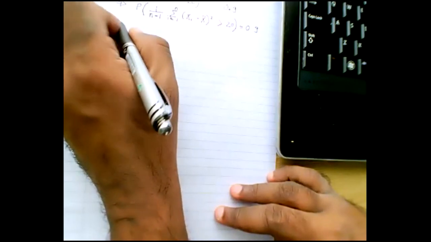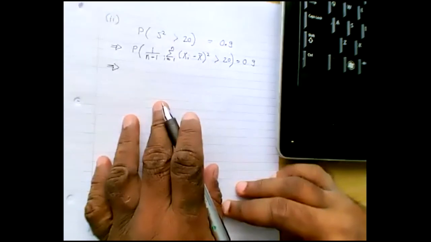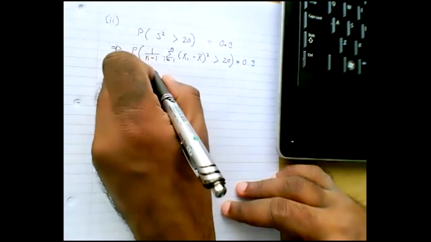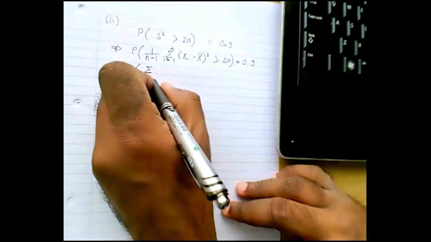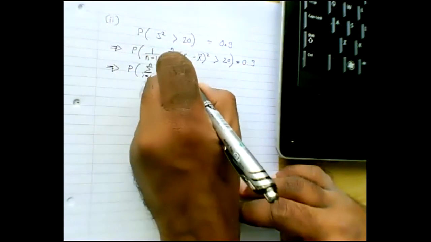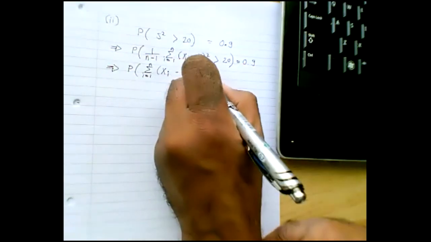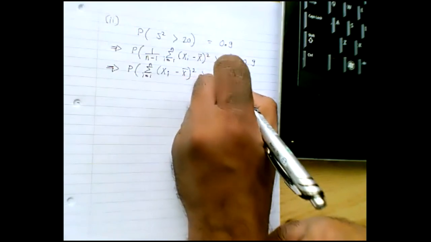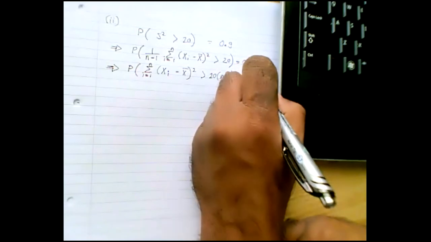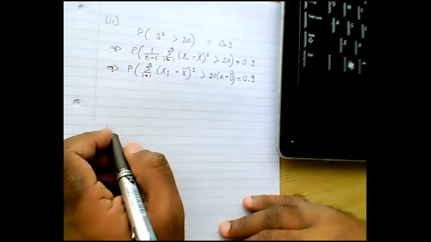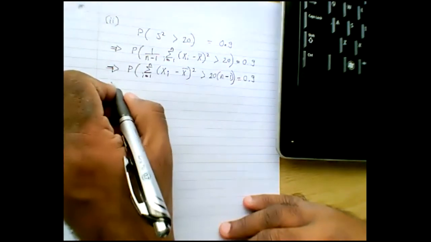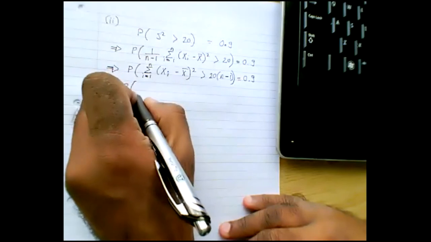Okay. All right, now the first thing I'm going to do, guys, is to multiply across by n minus 1. So this is the probability that... Okay. All right, the next thing I'm going to do is divide by sigma squared. Sigma squared, as you may recall, is 36 in this example.